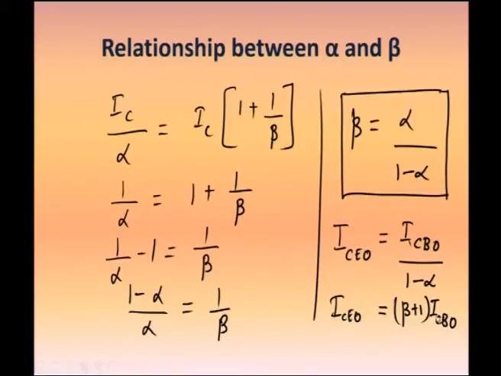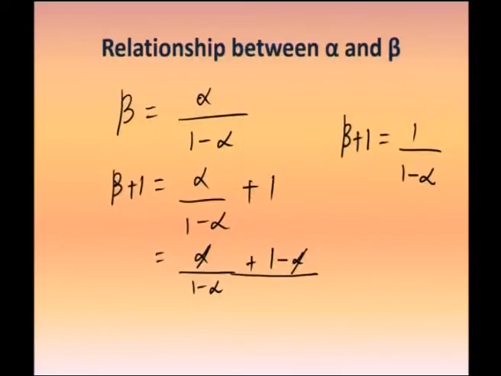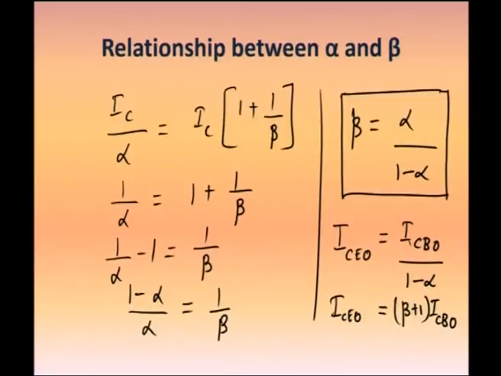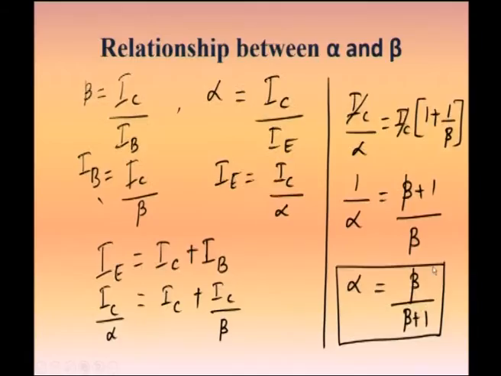ICBO is in common base configuration and ICEO is in common emitter configuration. So, we have derived a relationship between alpha and beta, alpha in terms of beta as well as beta in terms of alpha. For further derivations, we have to keep in mind that beta is alpha by 1 minus alpha and alpha is beta by beta plus 1.